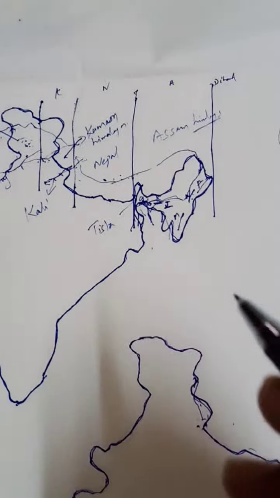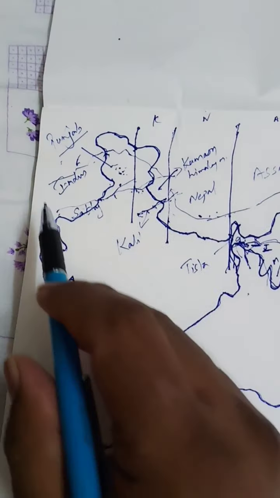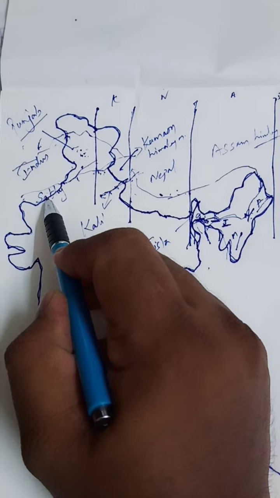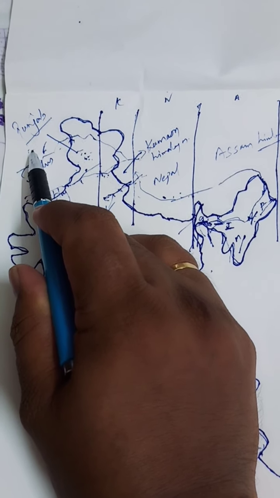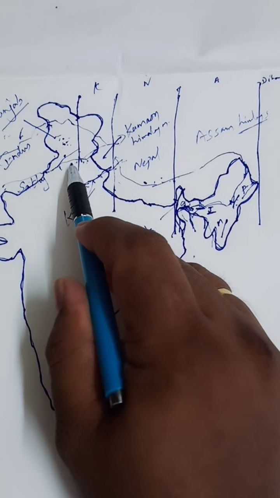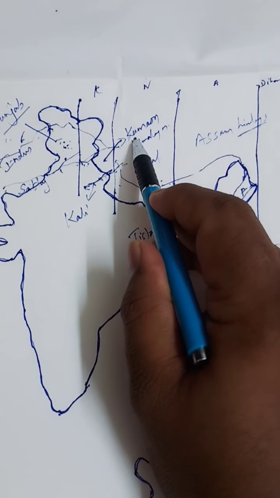So I hope this longitudinal classification is clear for you all. So I repeat it: the region which lies between Indus River and Satluj River is called Punjab Himalayas or Kashmir Himalayas, or locally it is also called Himachal Himalayas. Further moving to the east from Satluj River to Kali River, this region is called Kumaon Himalayas.